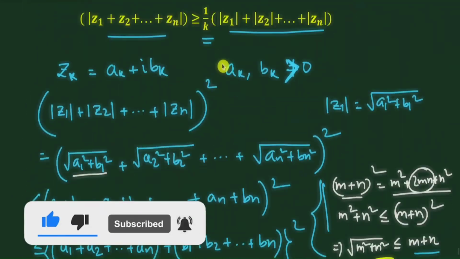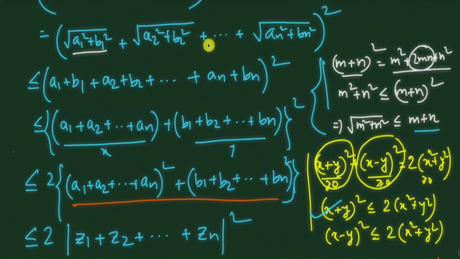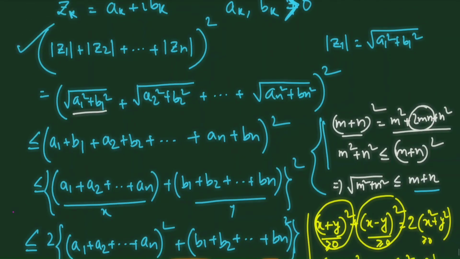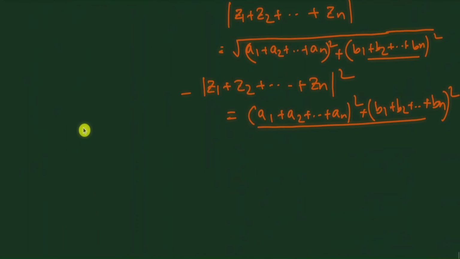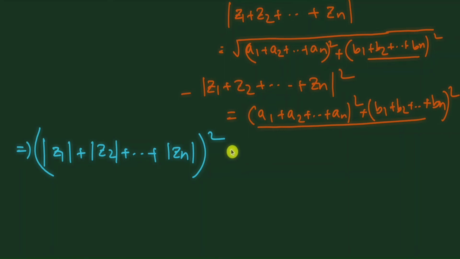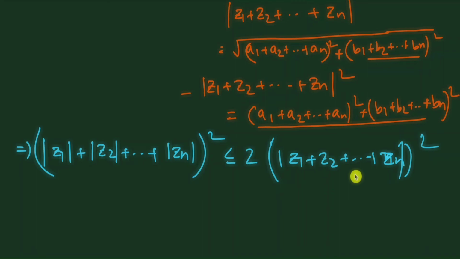So we finally get, we start from here and get here. So I write here, mod z1 plus mod z2 plus mod zn whole square is less than or equal to 2 into mod of z1 plus z2 plus zn whole square.